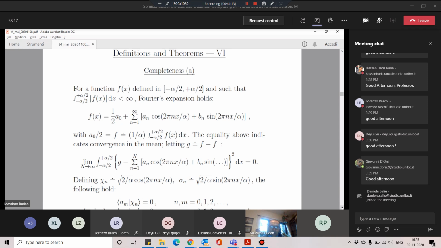So this is sufficient for the possibility of expanding the function into a Fourier series.